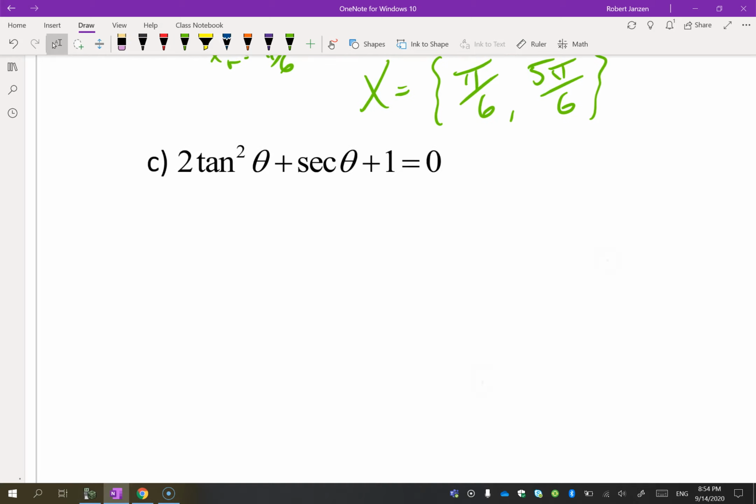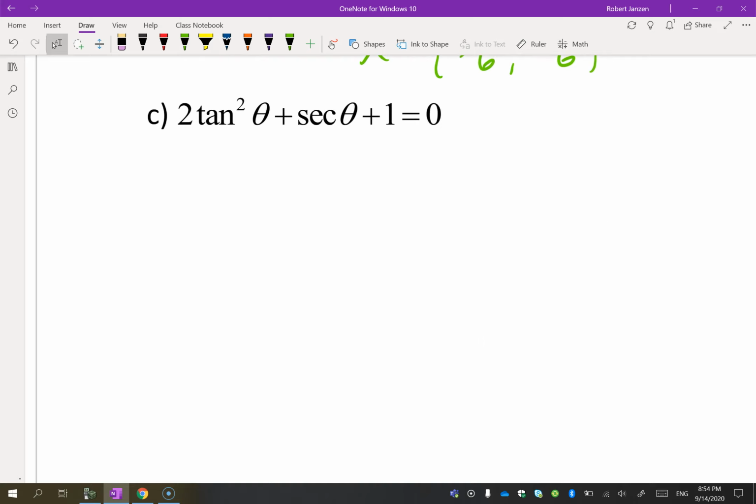Okay, last one before we move on to a new unit. Similar question here, but now you don't have sine and cos. Is there a way you can change tan squared to secant? Okay, I think we have tan squared plus 1 equals secant squared. I believe that's one of our identities.